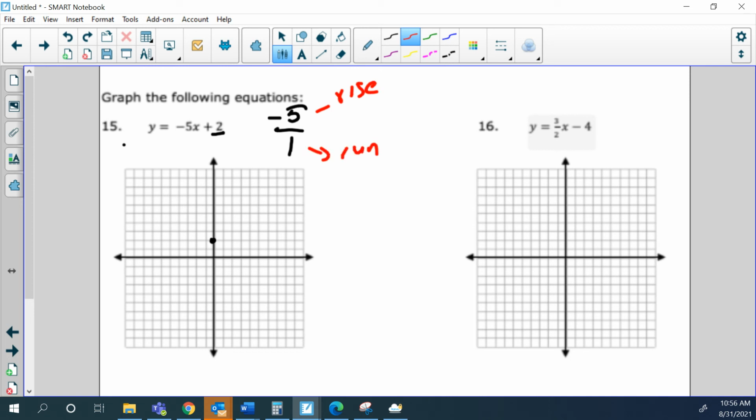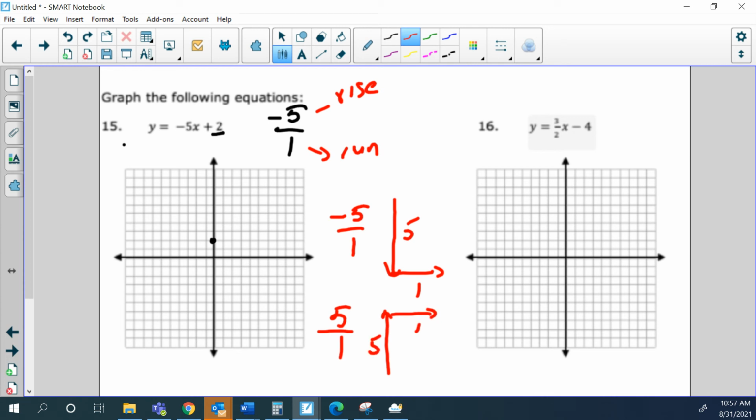Remember, if it's negative 5 over 1, it just means I'm going down 5 and I'm going to run 1. If it's positive 5 over 1, that means I'm going to go up 5, run 1. Just make sure you understand the difference.